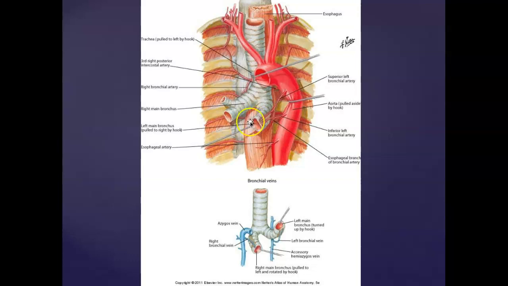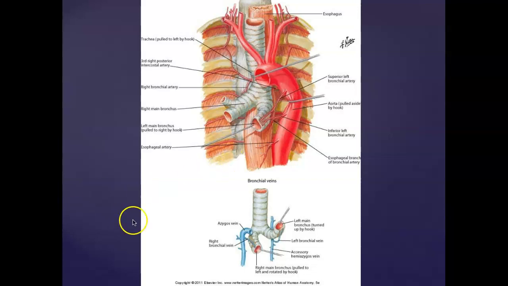But these bronchial arteries come right off of the thoracic aorta, and you can see here where they're giving nutrition and blood supply directly to the bronchi. You also have esophageal branches here coming off of the thoracic or descending aorta, supplying tissue of the esophagus, coming down through there.